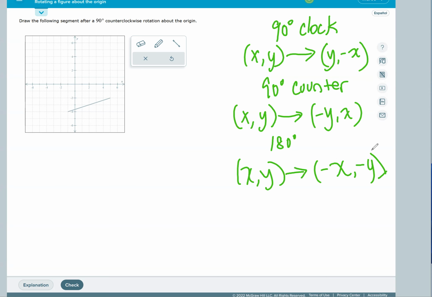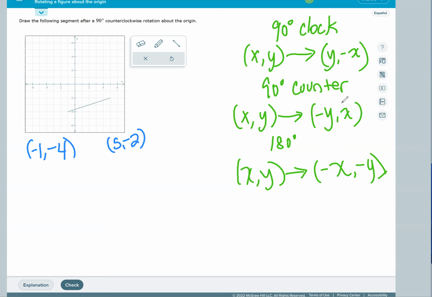So this particular problem is asking for a 90 degrees counterclockwise rotation. So first we're going to find our points. Our first point is (-1, -4). And our second point is (5, -2). So we're going to rotate our first point 90 degrees counterclockwise.